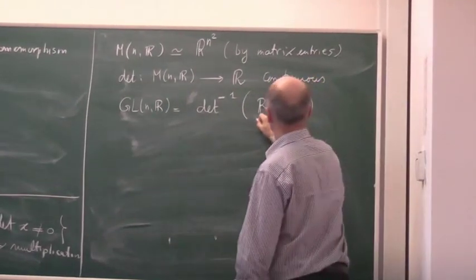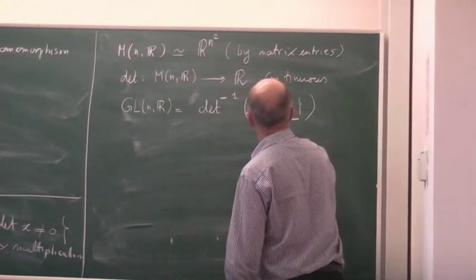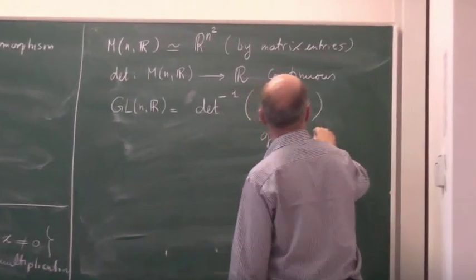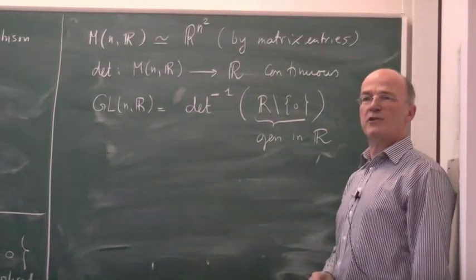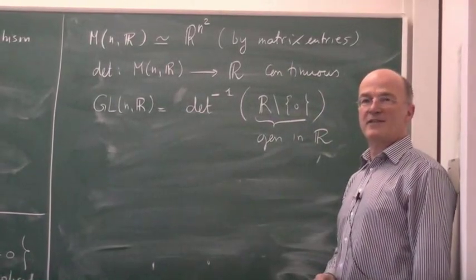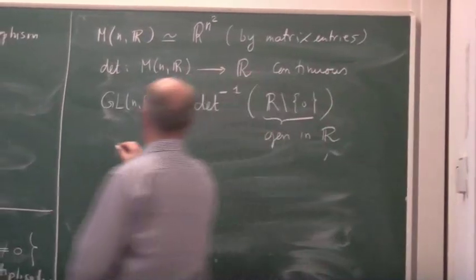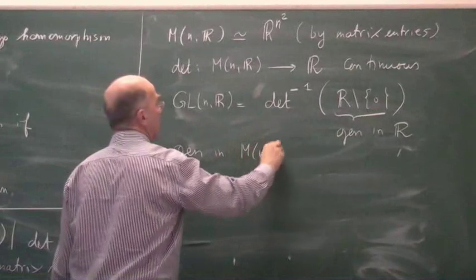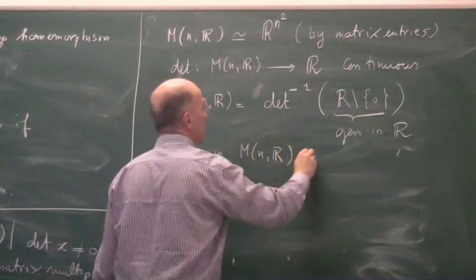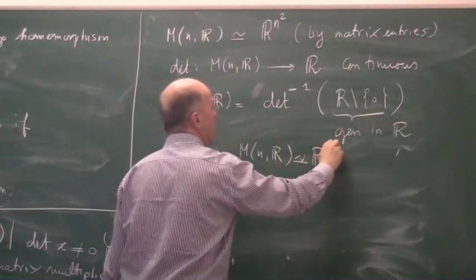Now this is an open subset in R. So we have a continuous map, and we have the pre-image of an open subset, and that's an open subset. So this is open in M_n(R), which was isomorphic to R^(n squared).